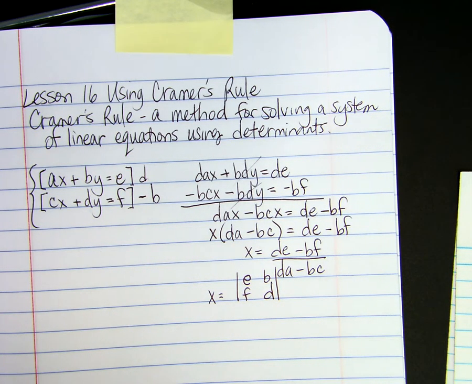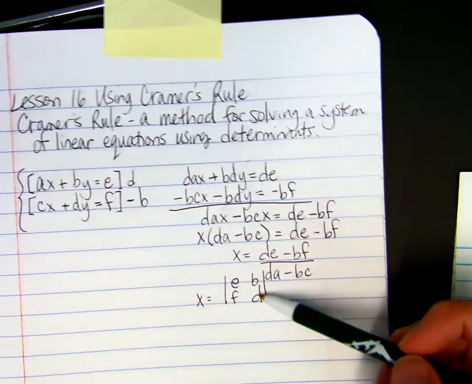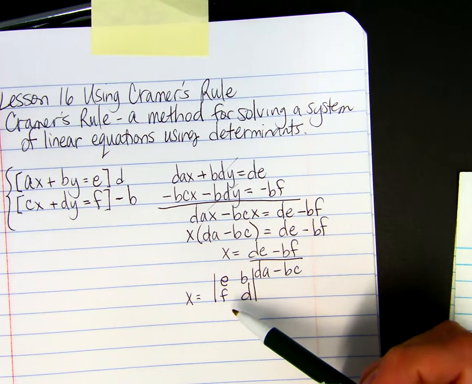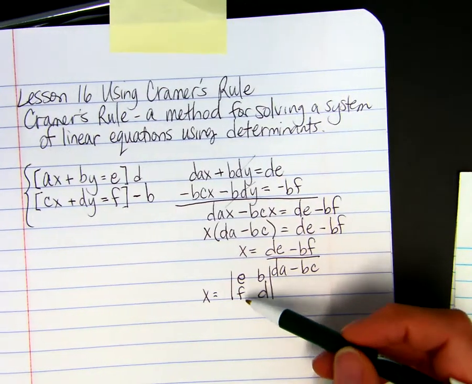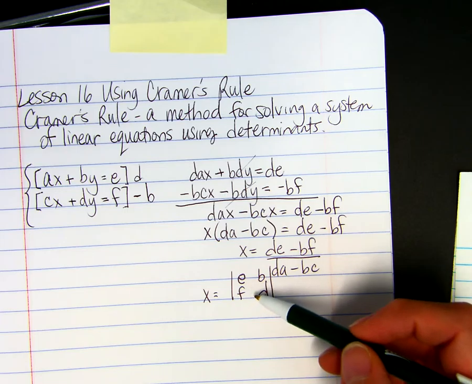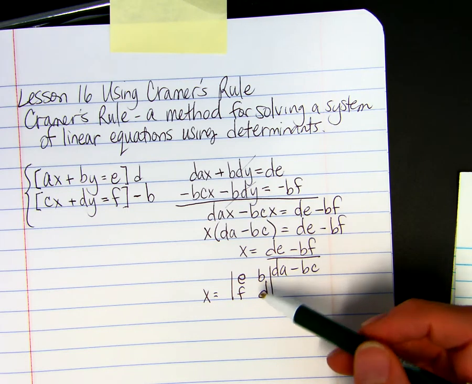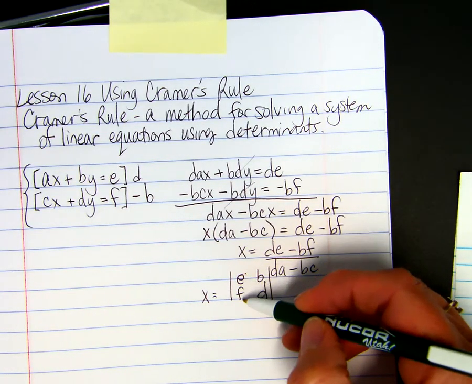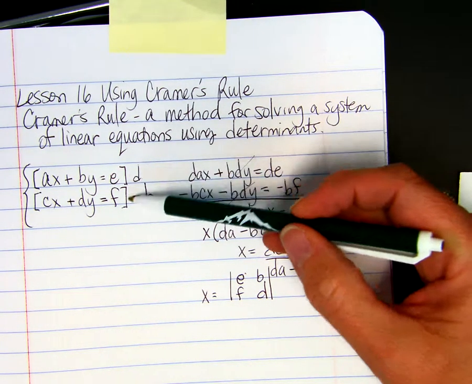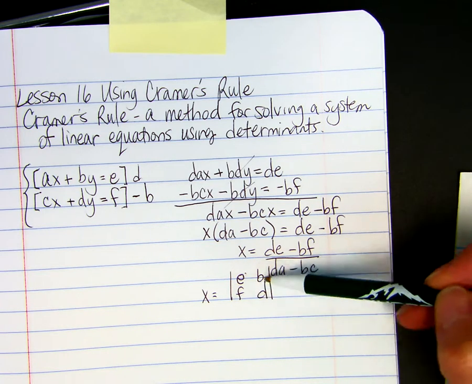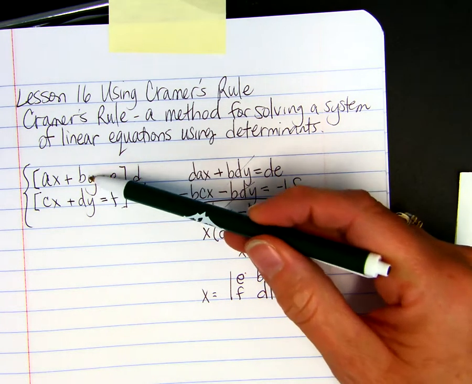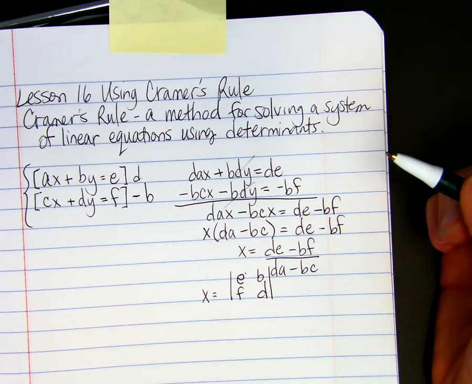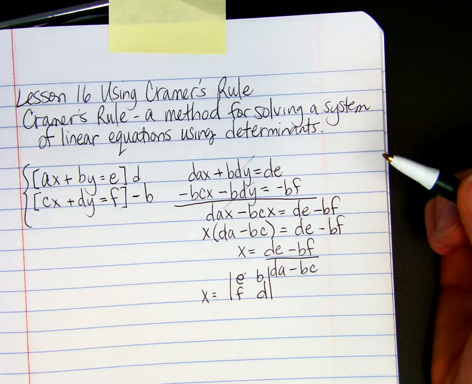Why did you put the e first and the f first? Because we want the answers to our system, e and f, to be here, and then here we want the coefficients of y to find x. So we put b and d right there.